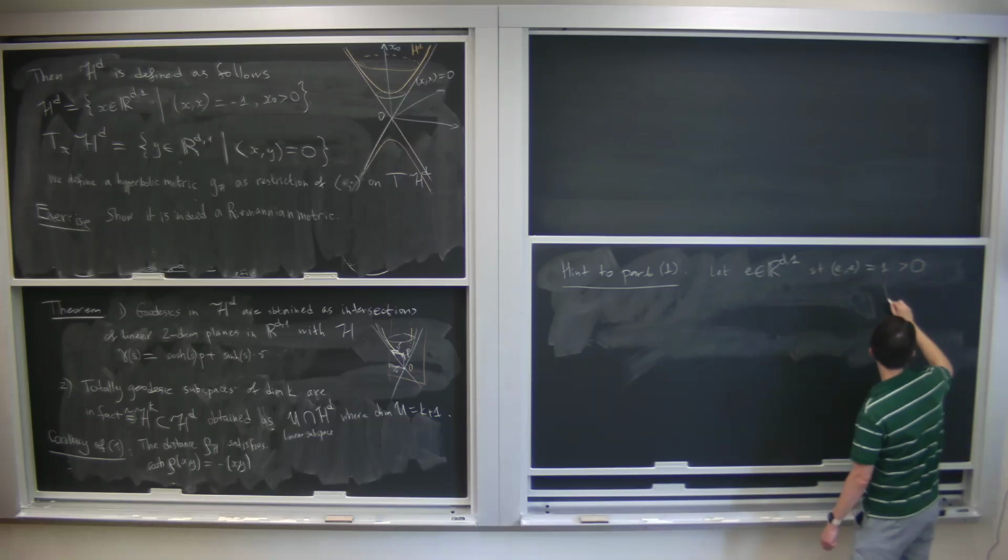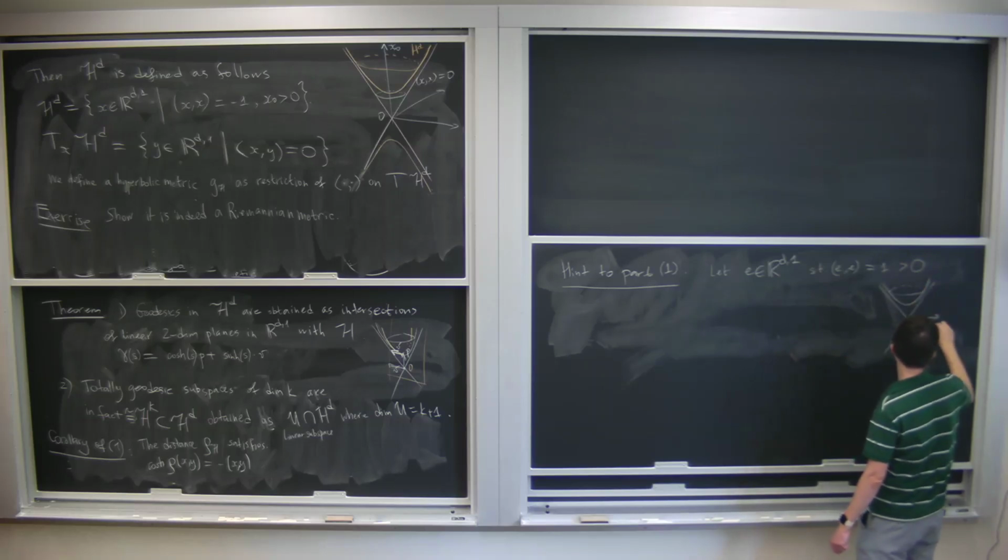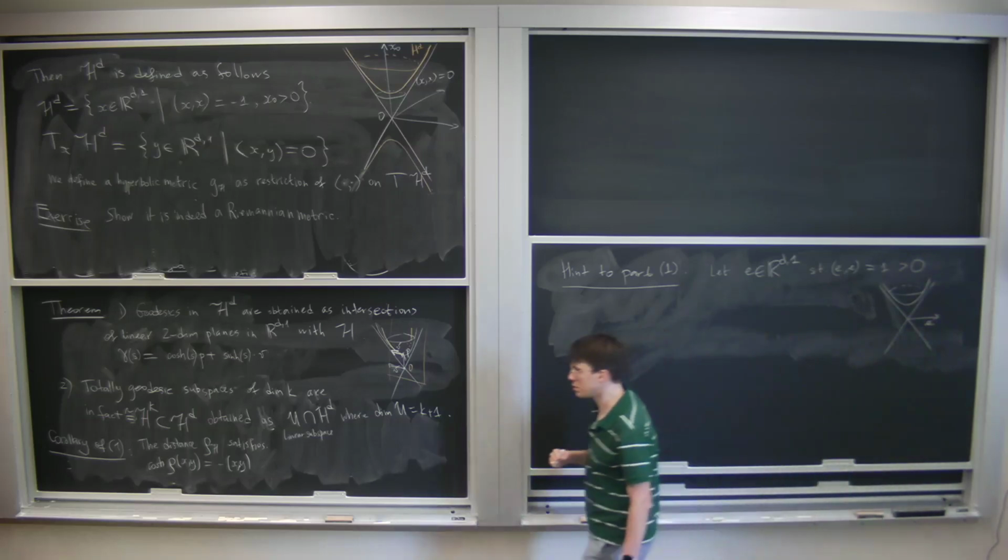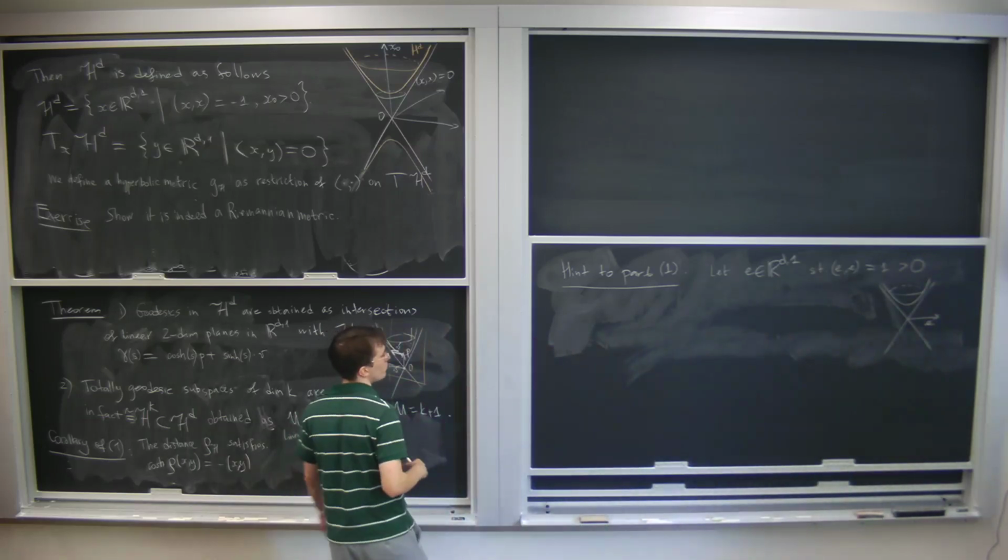So, sorry, in my picture, it means the following. I have the hyperboloid and my vector E is outside of this cone, yeah?